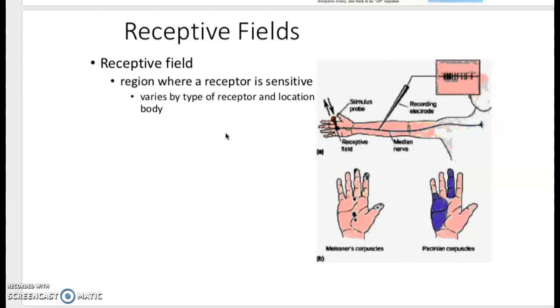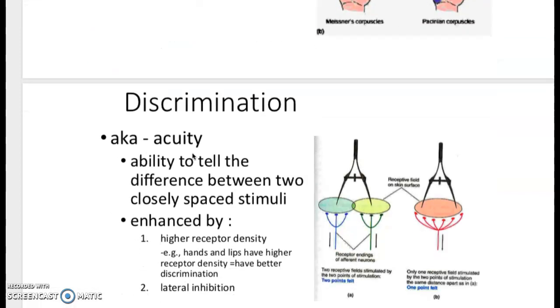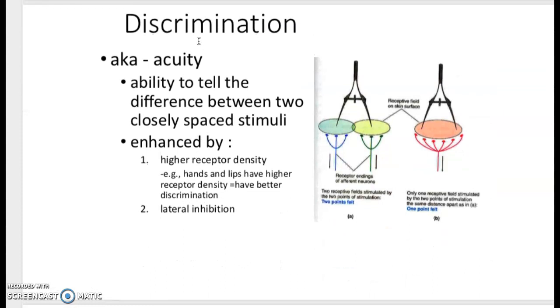So something called the receptive field is really important. This is the region where a receptor is sensitive. So how great or small of an area a receptor is able to receive stimuli. Discrimination, also really important, is your ability to tell the difference between two different stimuli.